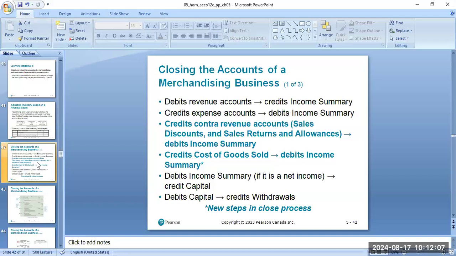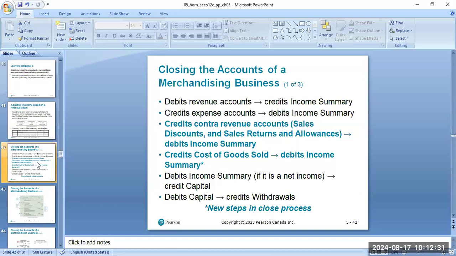First step, we're going to close revenue accounts into the income summary account. No questions about it. Second, we're going to close the expense accounts into the income summary account. Remember, revenue goes on the credit side of the income summary, expenses go on the debit side.